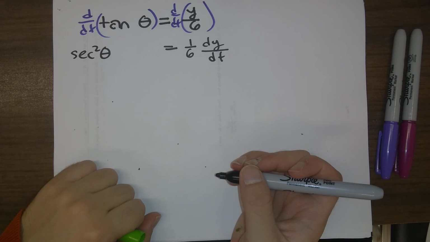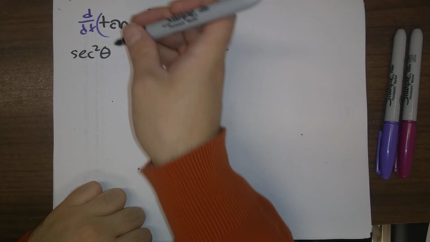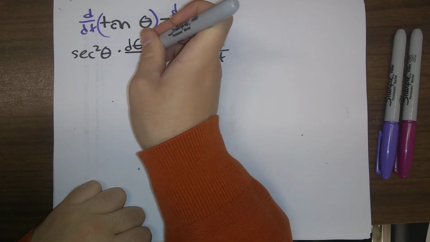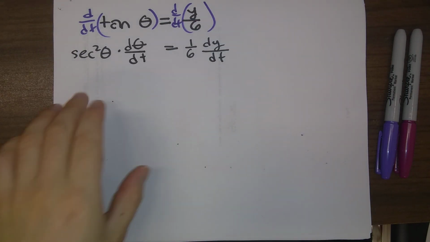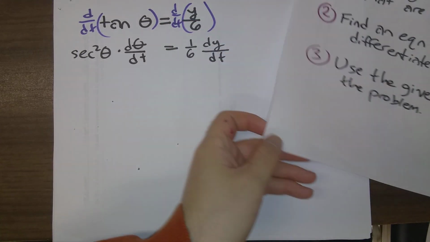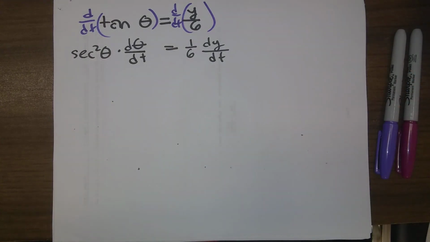But as usual, we have to apply the chain rule here to multiply by d theta/dt. And so this is our equation that relates the variables, and we differentiate so that we have a relationship, not just between the variables, but between the rates themselves.